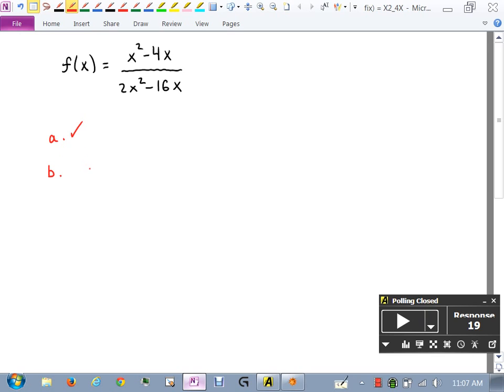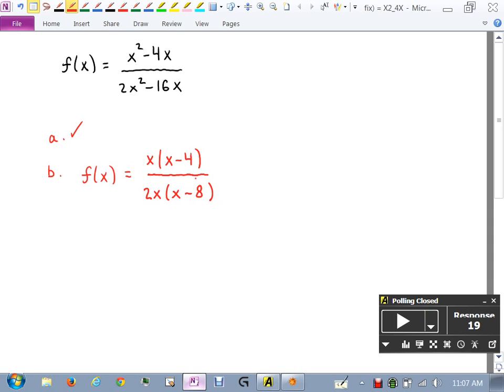So I'm going to rewrite the function factoring the top and the bottom. Well, the top, what can you do up here? Take an x out. So GCF, greatest common factor. I pull one x out. I'm left with an x minus 4. On the bottom, what can you do? Take a 2x out. And you'll be left with what? X minus 8? Okay, so that's your GCF out.